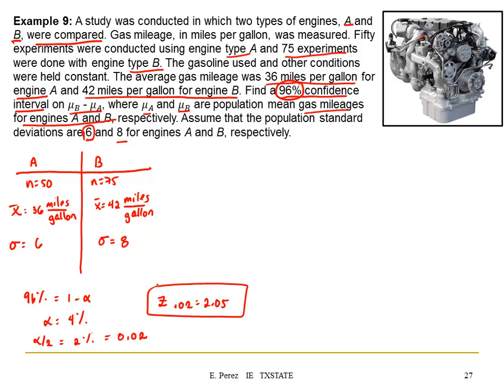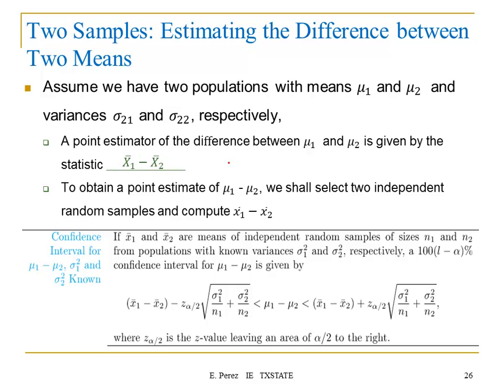So what we have now is the following. We have to find the confidence interval for the difference of the population means.